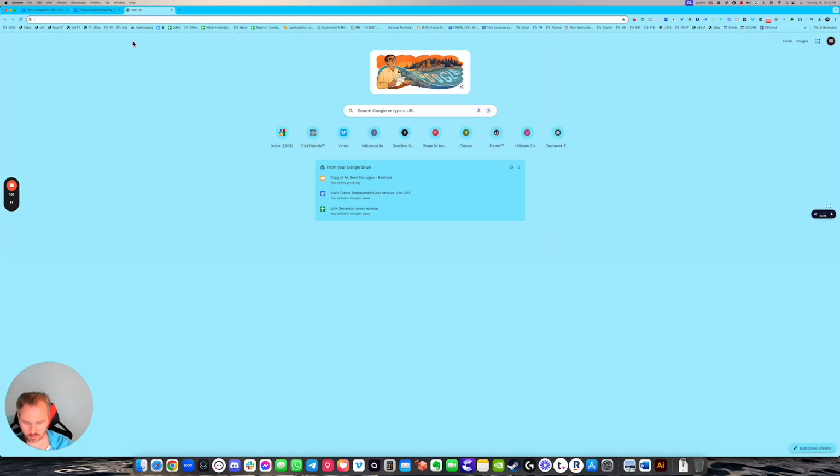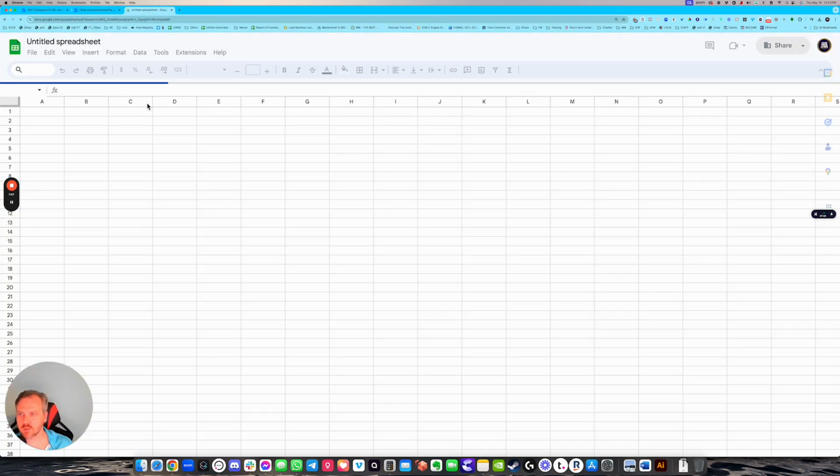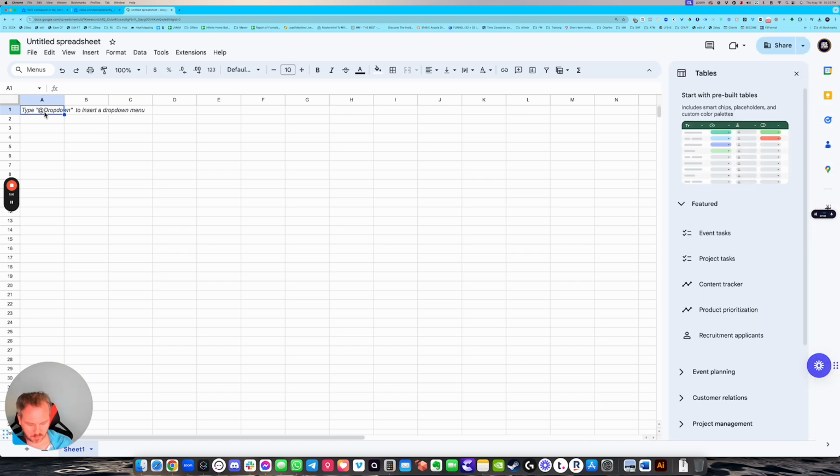So if I come in here, go to sheet.new and create a new spreadsheet, we're going to put together address, bed, bath, square foot, pool, because I know I have a pool, so in this case I'm going to care about the pool, garage, and HOA, which is technically a negative, and price or asking.